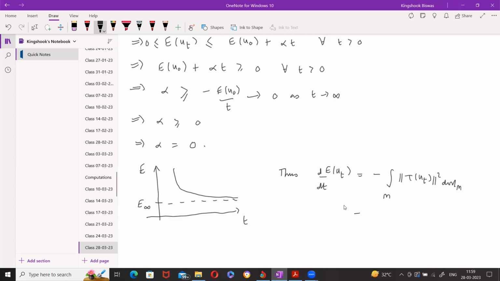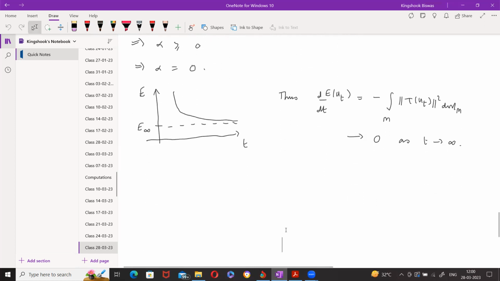So this tends to 0 as t tends to infinity. So what are we seeing? We're seeing that the integral of the norm squared of the tension field tends to 0. In other words, the tension field is going to 0 in L2, right?